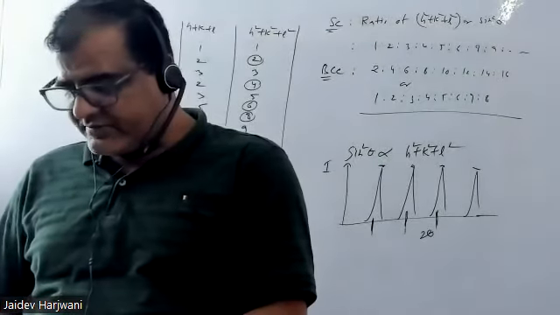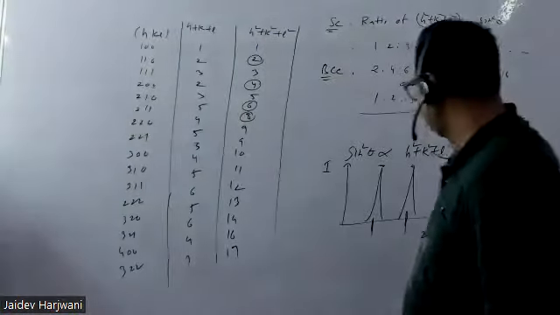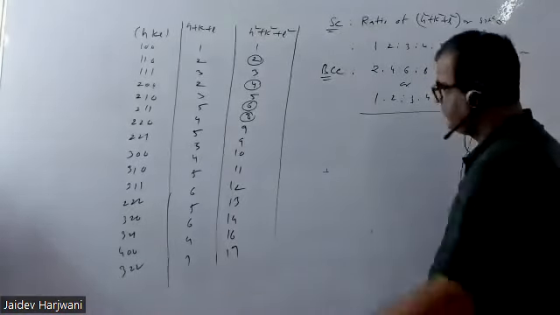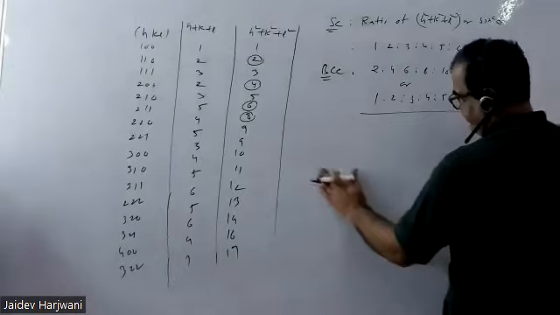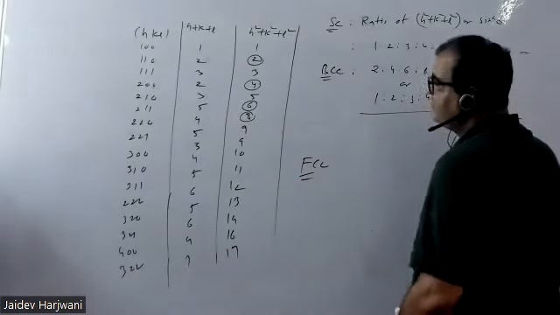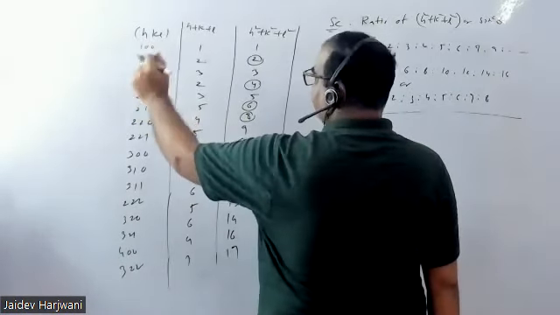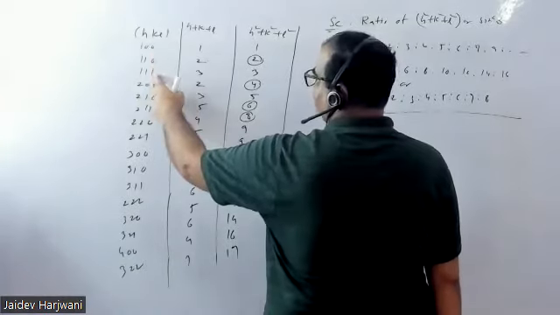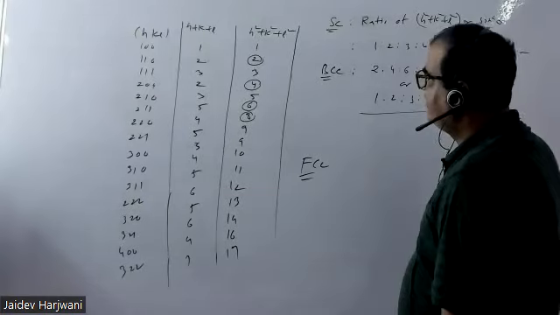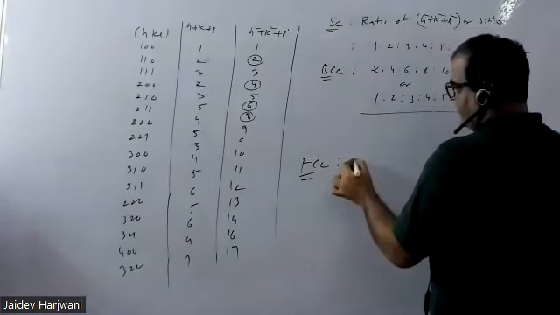Similarly, if it is FCC, only those peaks will be present for which the indices are unmixed. So this is mixed, this is mixed. The first peak in FCC will be 111, and for 111, H square plus K square plus L square is 3. The ratio will be 3.